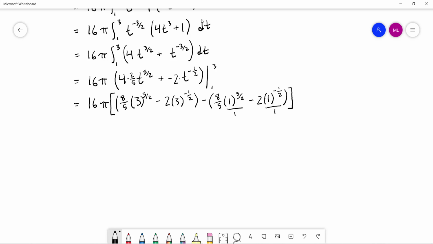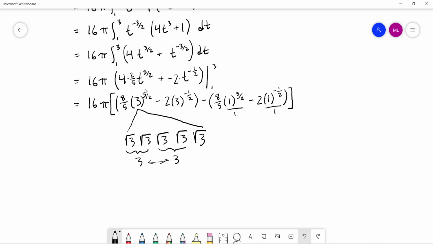But these other ones, if you want to think about it, you could think of this as square root of 3 raised to the 5th power. That's basically root 3 times root 3 times root 3 times root 3 times root 3. That's what we've got sitting right there. And so those will give me a 3, those will give me a 3, and we wind up with 9 root 3.